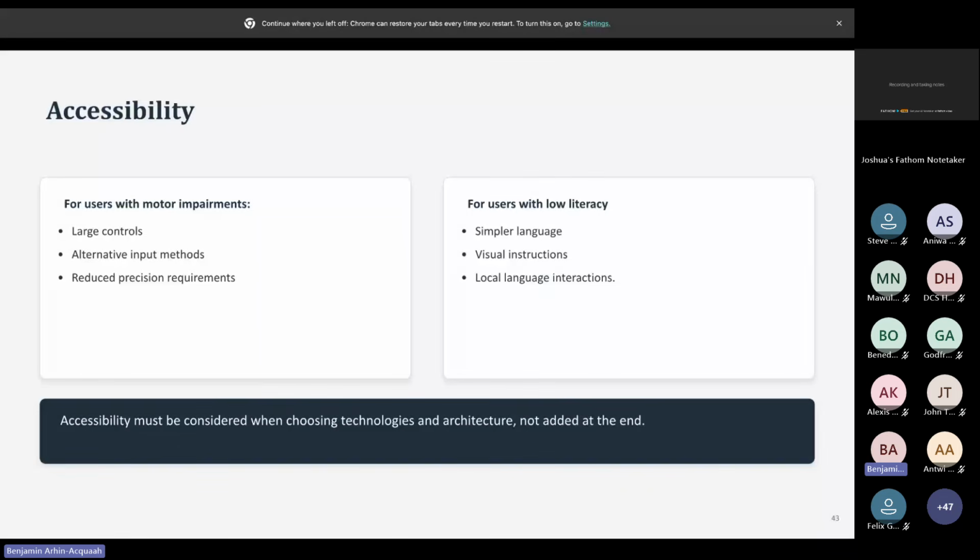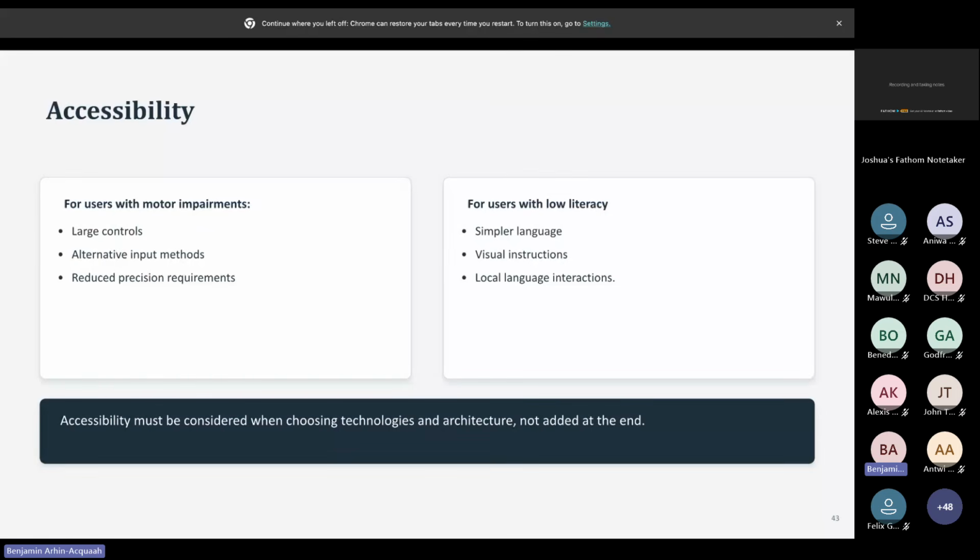You still want to accept that as an input and do what the person intended. That is reduced precision requirements. So you don't require the person to tap exactly at the center of the box for something to happen. Even if they tap on the edges or somewhere a bit close to where their clothing is, they should be able to get what they want.